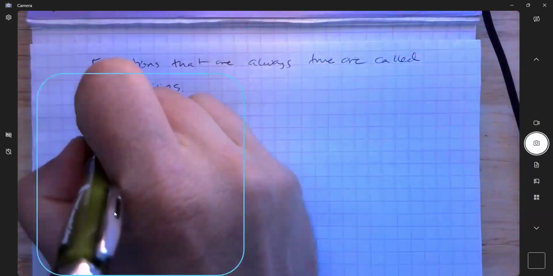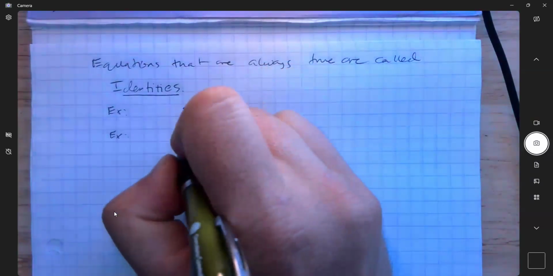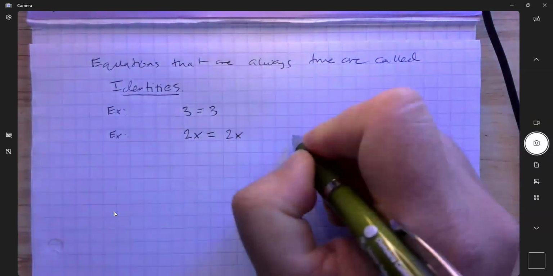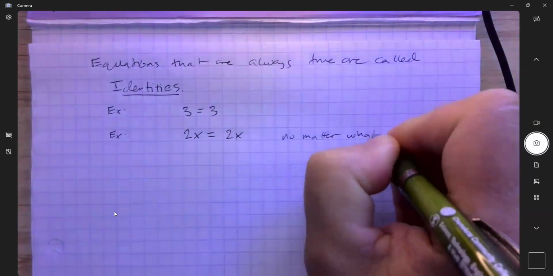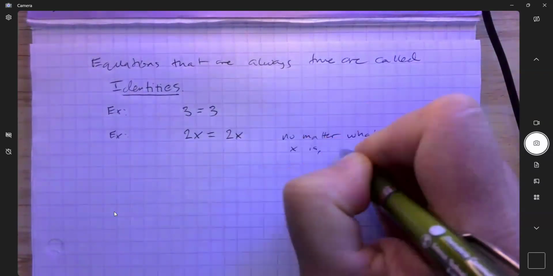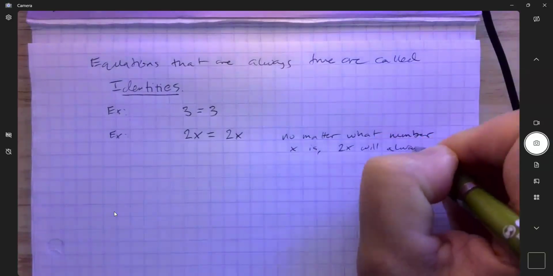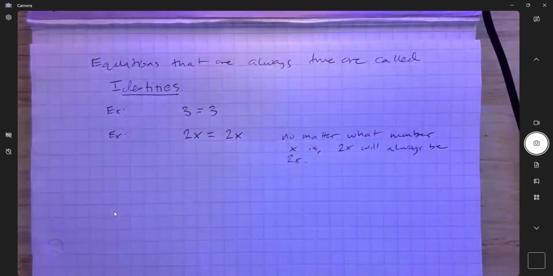Another example of that would be 2x equals 2x. Because no matter what number x is, 2x will always be 2x.